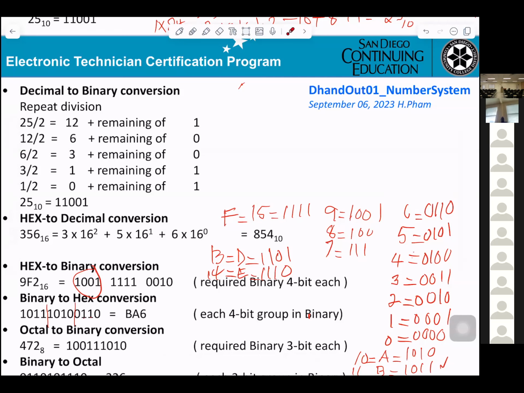That means 1, 0, 1, 1 will be equal to B. 1, 0, 1, 0 will be A. 0, 1, 1, 0 will be number 6. This is very important to you while you're working on the digital lab. If you get a question, anything, just bring it up. I hope I can help you out.